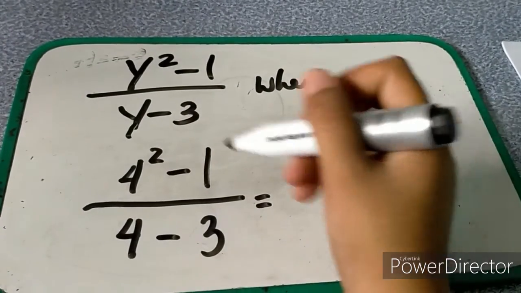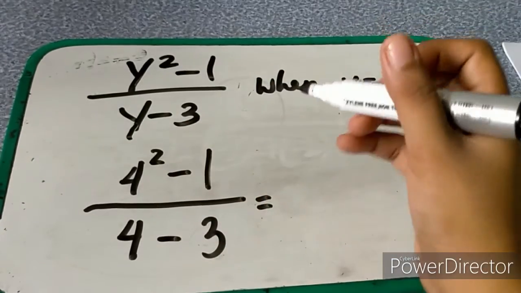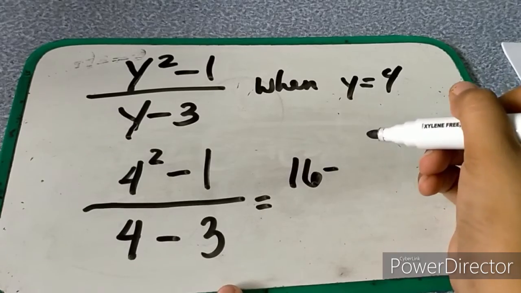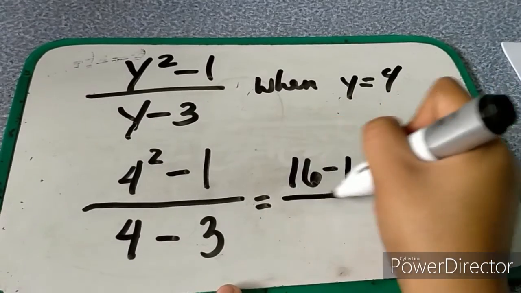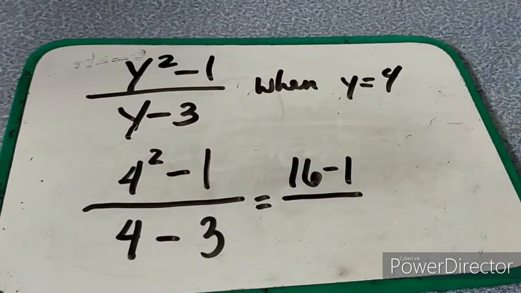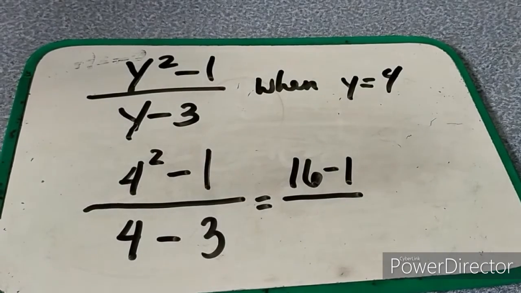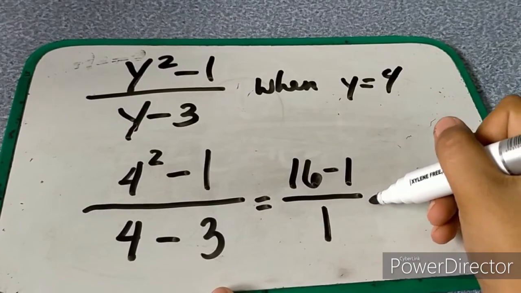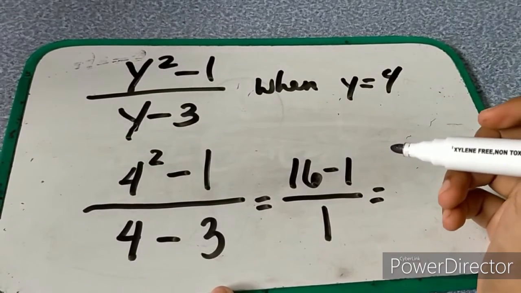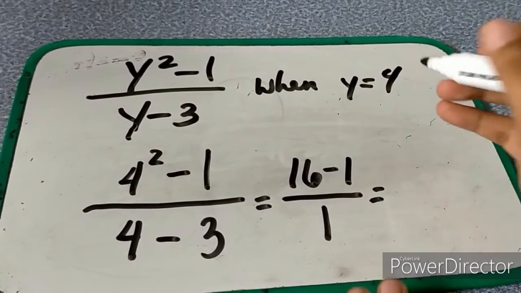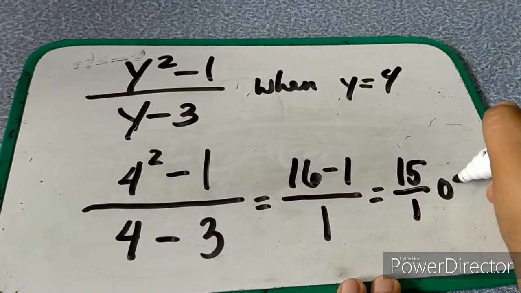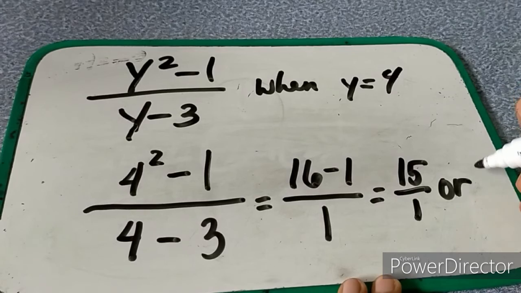So, let's simplify. 4 squared, you multiply by itself, so 4 times 4 is 16, minus 1, over 4 minus 3 is, correct, it is positive 1. 16 minus 1, correct, it is 15 over 1 or 15.